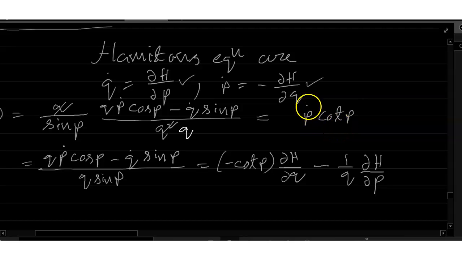So it is p dot cot p minus q dot by q, sin p cut. So q dot value is del h by del p and p dot value is del h by del q, canonical form.